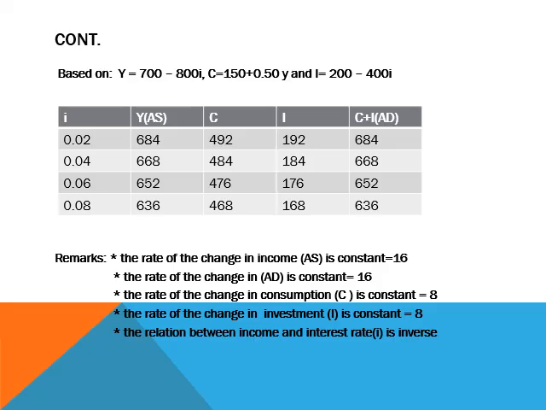The increase of interest rate from 0.2 up to 0.4 led to a decrease in income from 684 to 668. The increase from 0.4 up to 0.6 led to a decrease in income from 668 to 652.